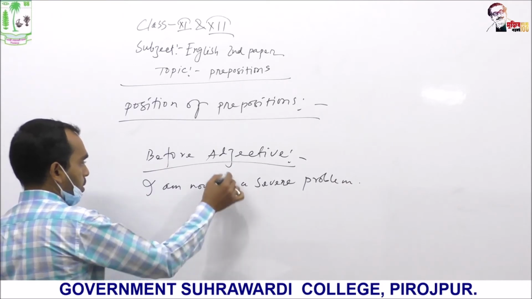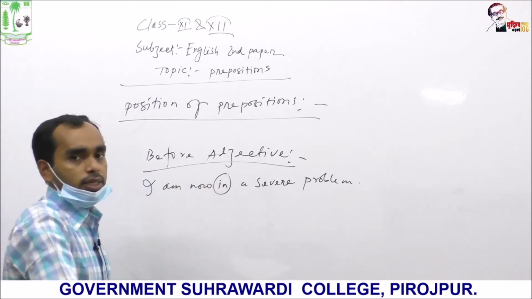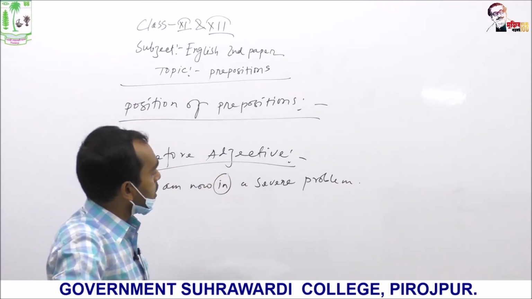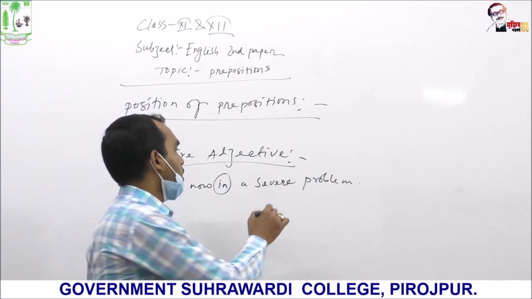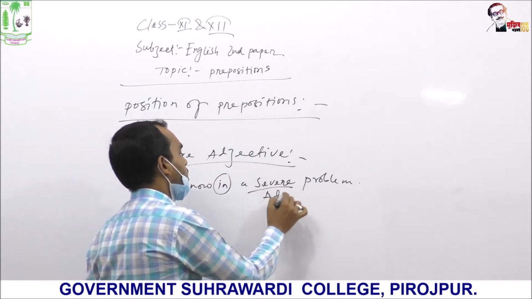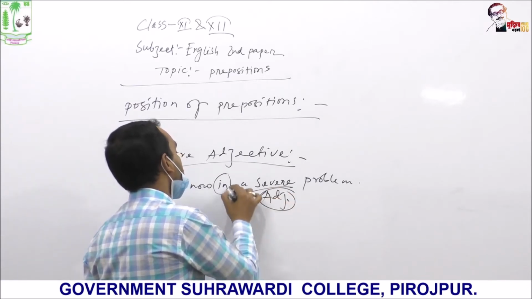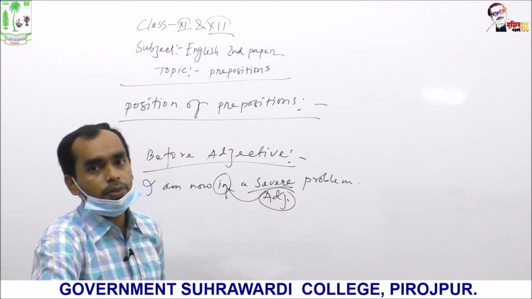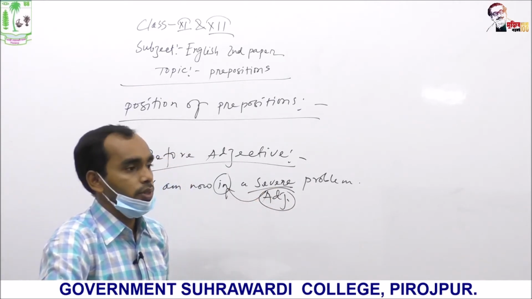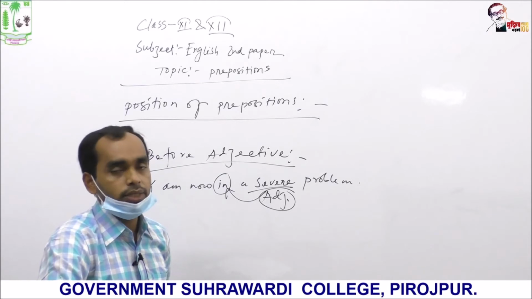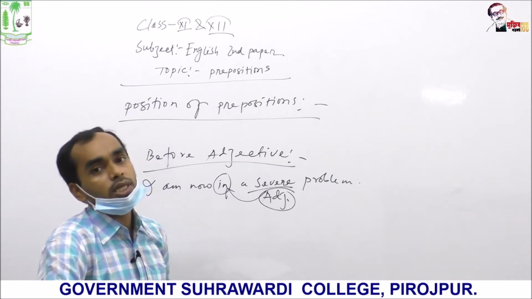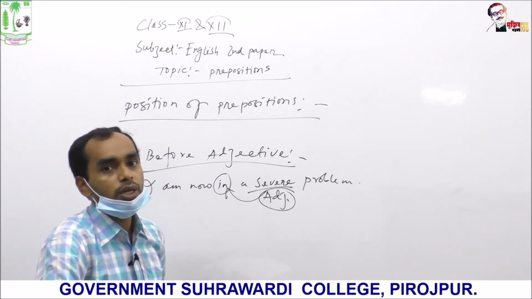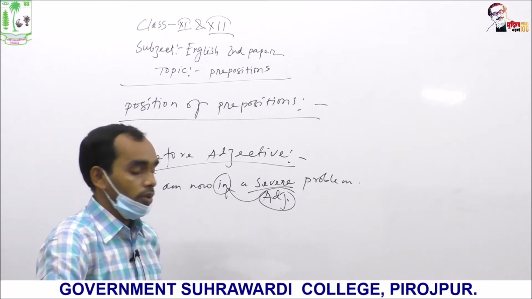Here, in this sentence, in is a preposition and severe is an adjective. So, here preposition has been used before an adjective. Preposition can be used before an adjective. Okay.